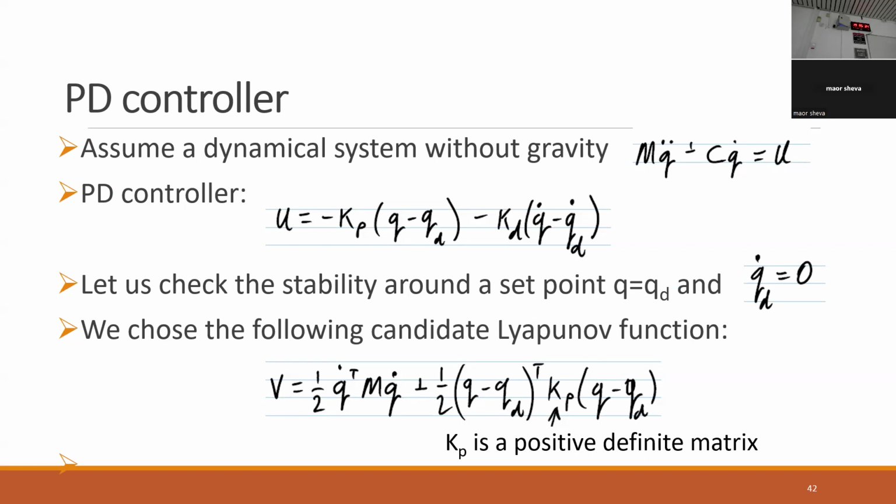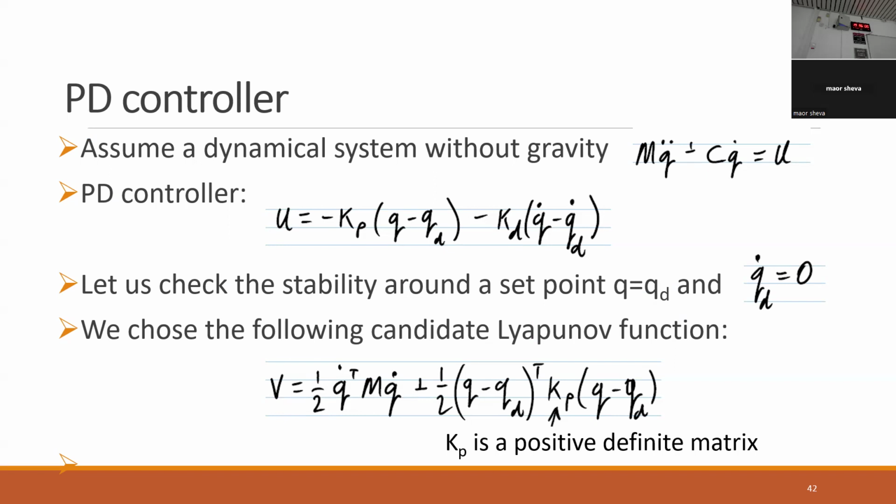It's like connecting two different springs. So it will move a little bit until it converges to a point which is not qd, but something near qd. So there will be some offset from the point that we want to reach.